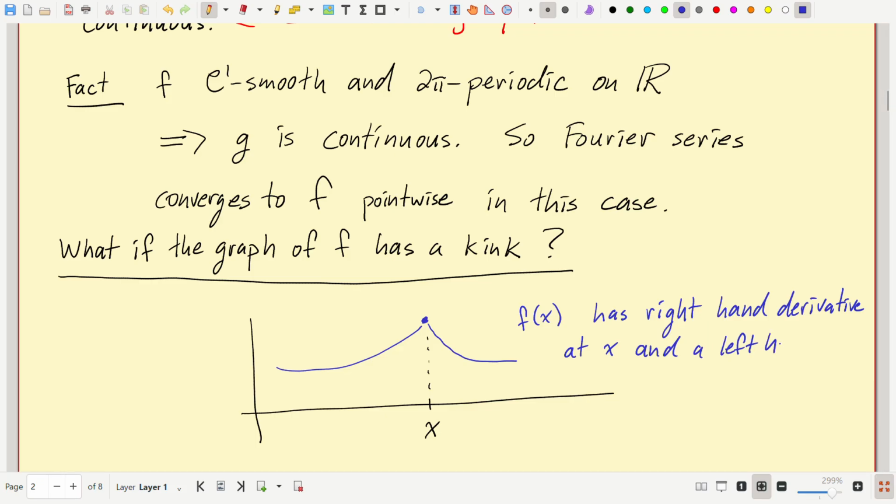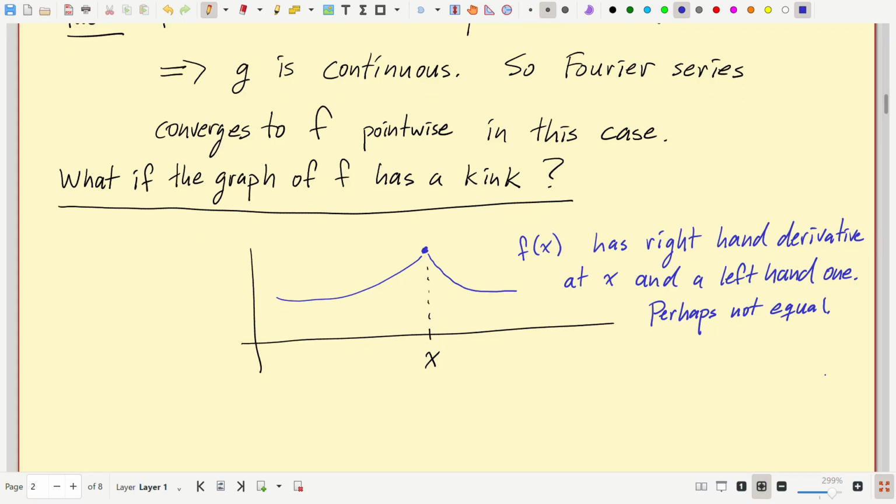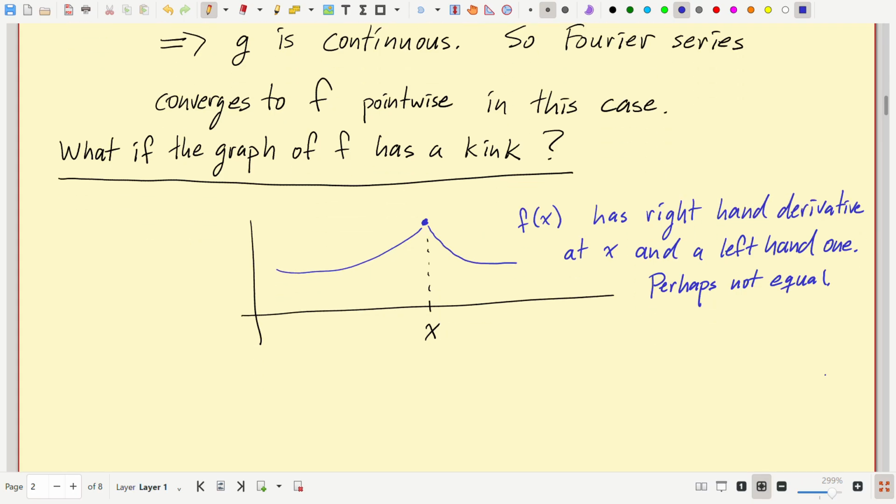They don't have to be equal. So perhaps not equal. And otherwise it's C1 smooth, and it's just that those derivatives don't hook up there. They're different. So f is piecewise C1 smooth.